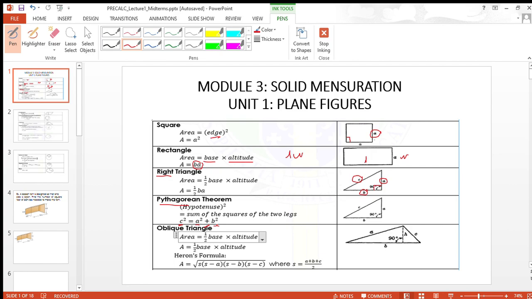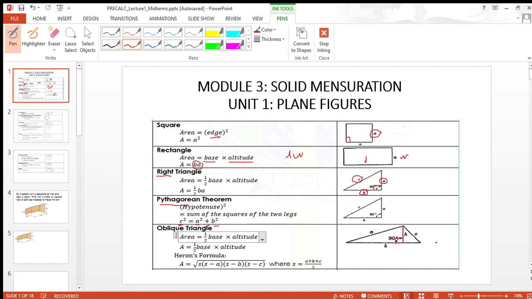Then when we consider the area of an oblique triangle, an oblique triangle is a triangle that is not a right triangle. For an oblique triangle, we can always find a height or an altitude. An altitude or a height is always obtained by drawing a perpendicular line coming from one vertex to its opposite.